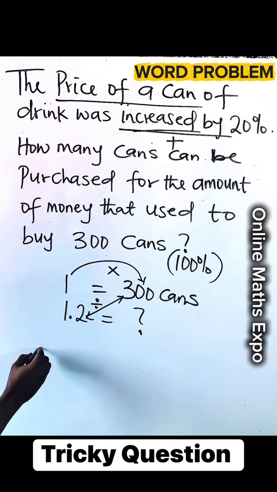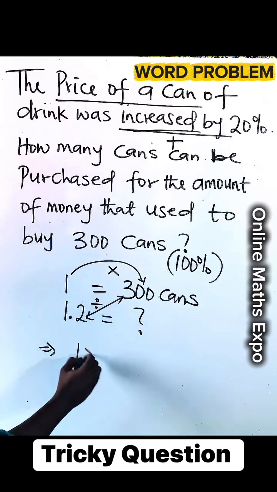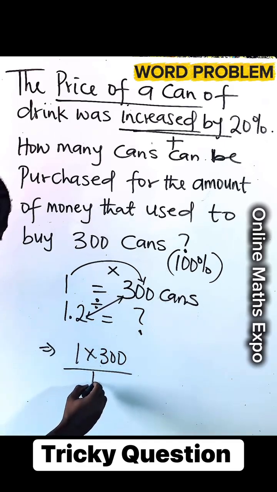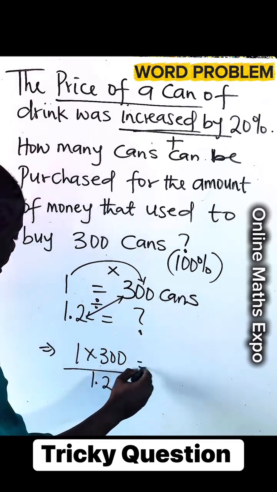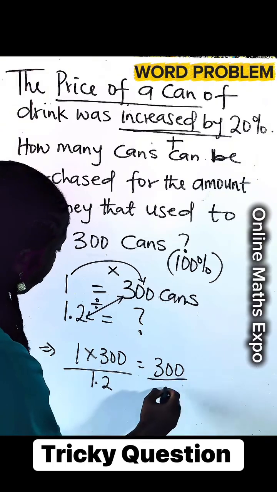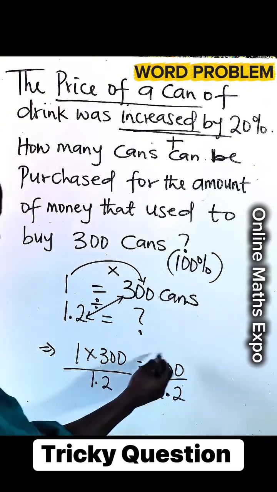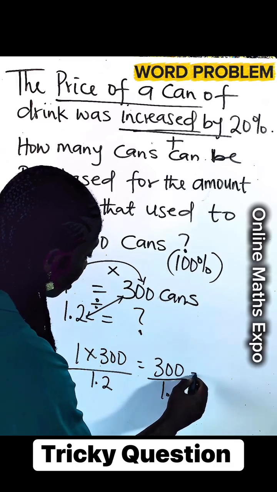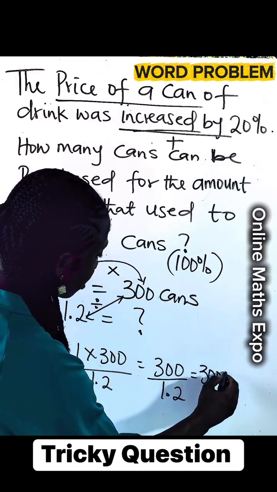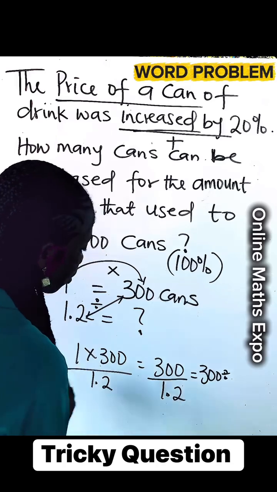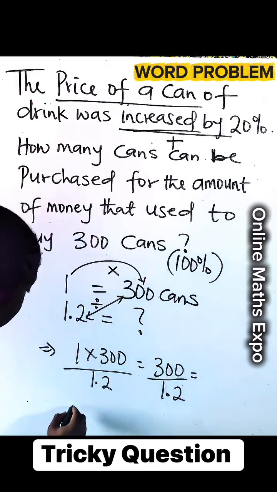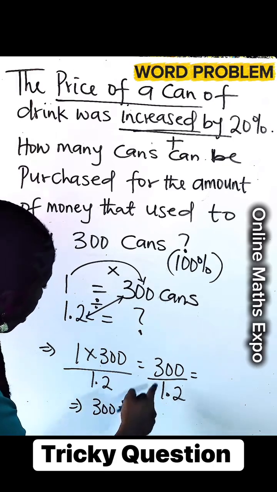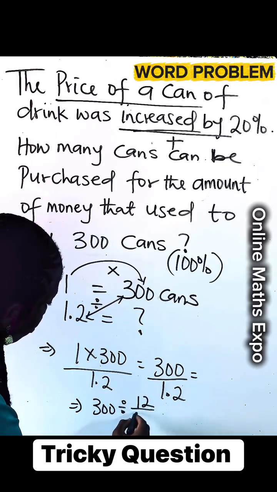So let's do that. This gives us 1 multiplied by 300, divided by 1.2. Multiply this, it gives you 300 divided by 1.2. And when you do this with no calculator, what do you do? This is the same as 300 divided by 1.2, which as we said earlier is 12 over 10.